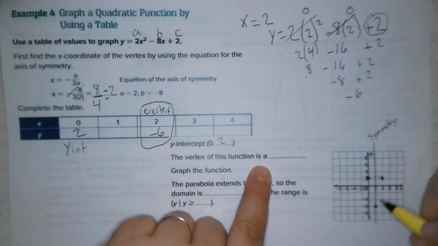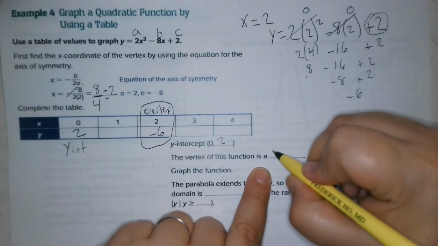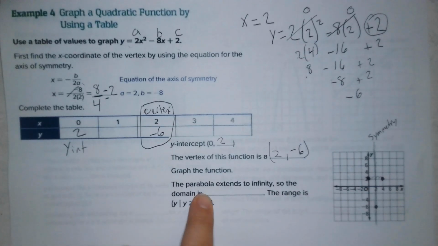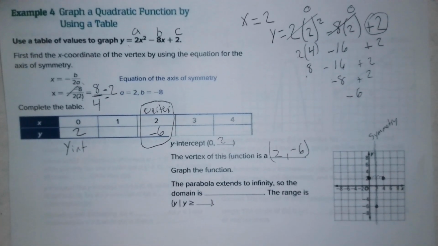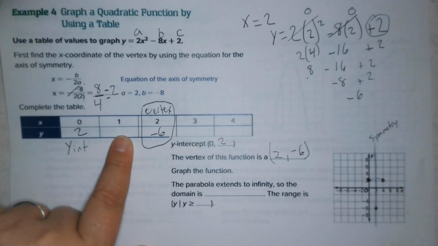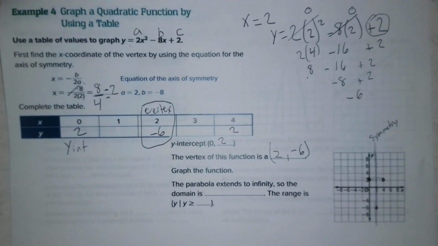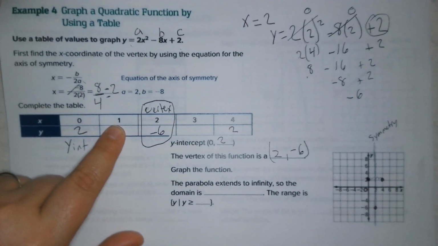The vertex of the function is 2, negative 6. We already got those. You can find more of these if you want. We already found 4, 2. Let's just for the heck of it plug in 1 and see what we get.